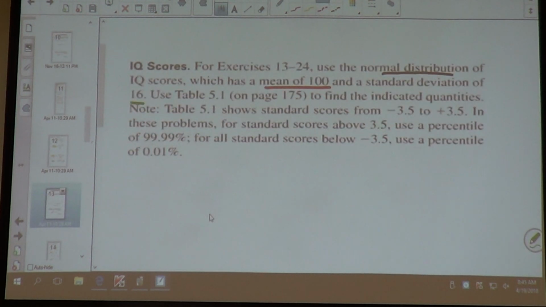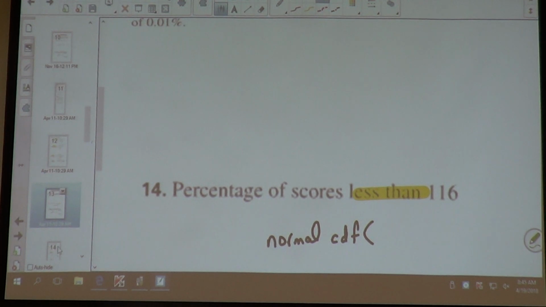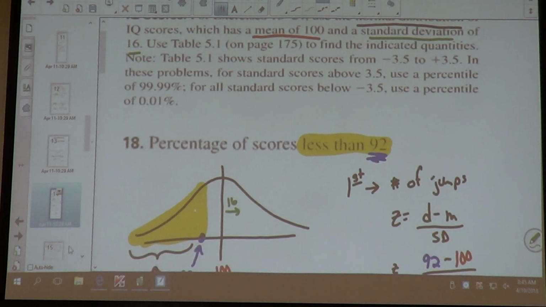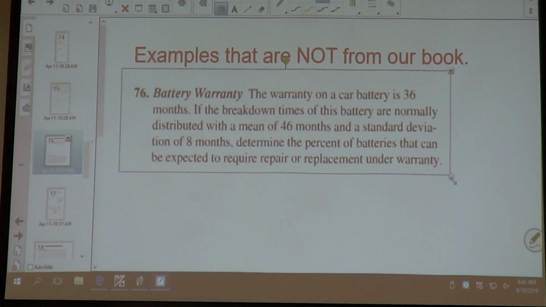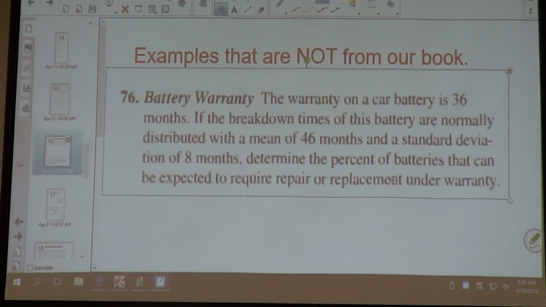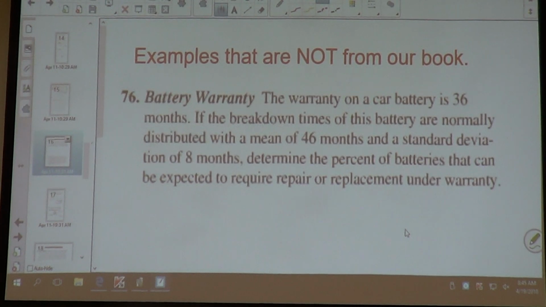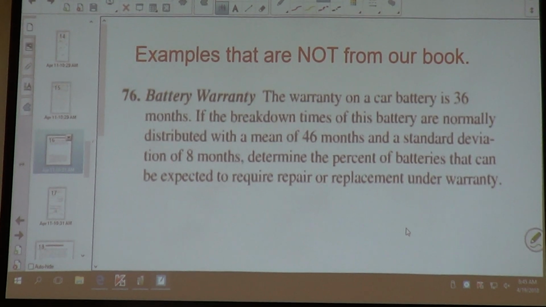All right, let's look at a real word problem. I love this one. I'm going to come around and look at it. You know enough to solve it. You just got to read it good.